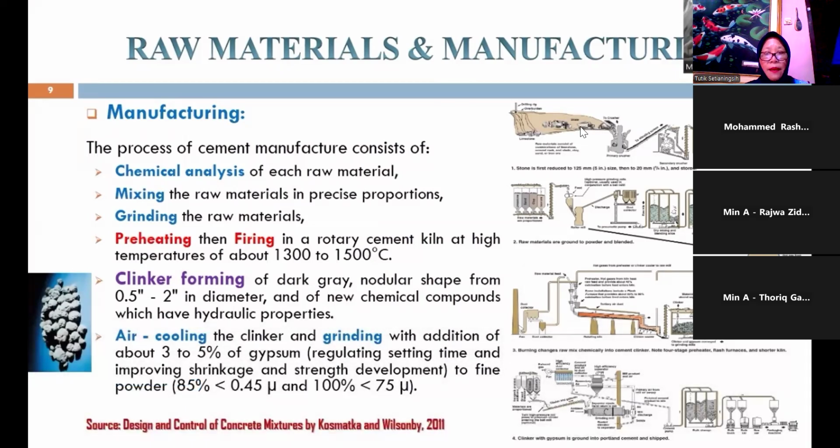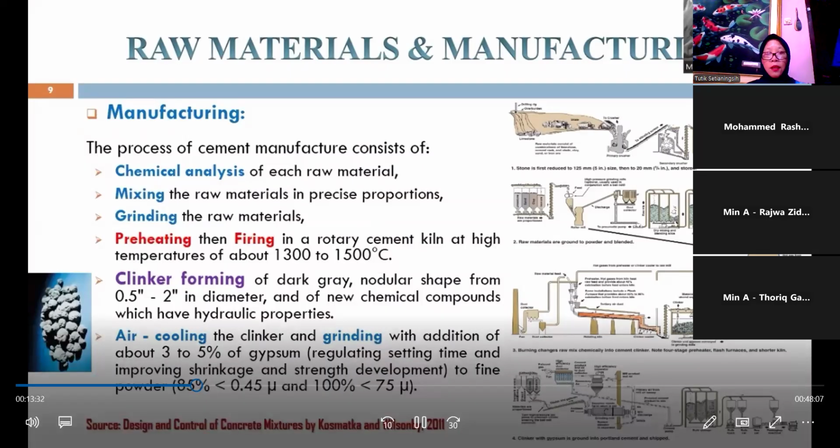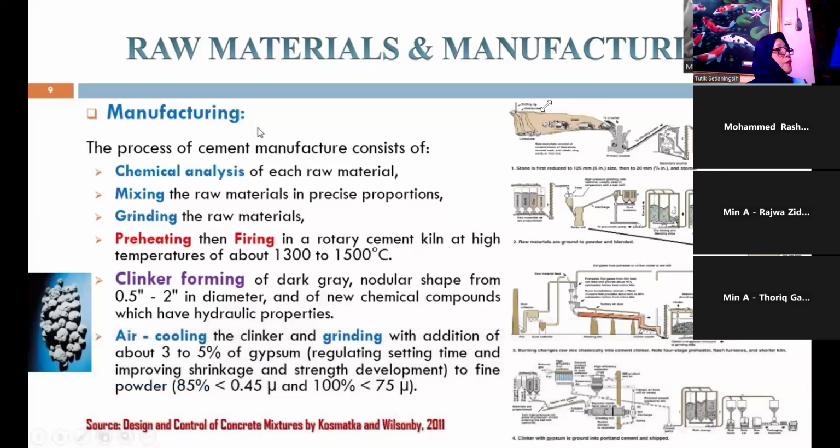Firstly, the materials from quarries must be chemically analyzed to check their chemical oxides. Then, after checking, these raw materials are mixed in definite proportions, and then ground in a big mill.